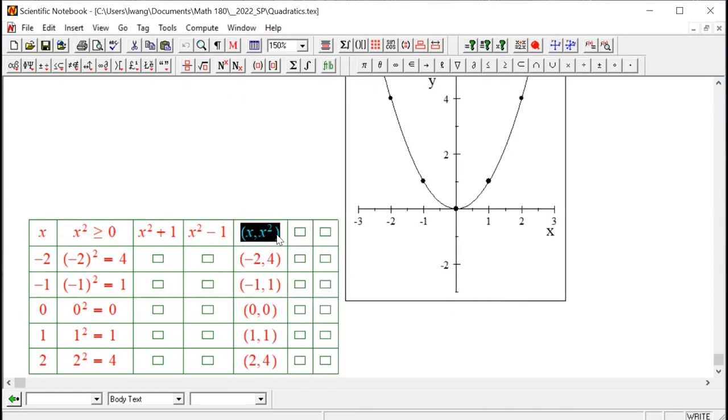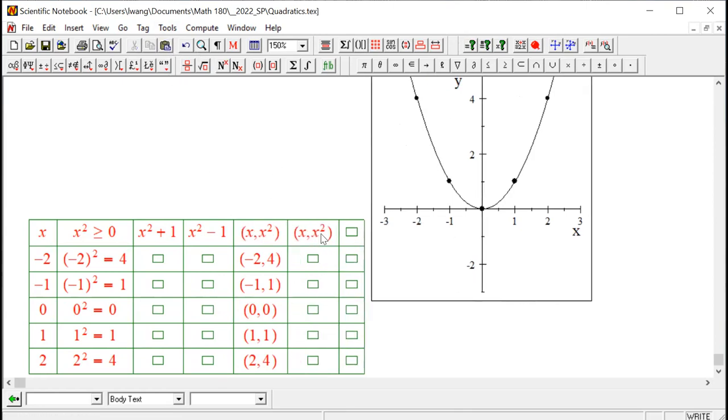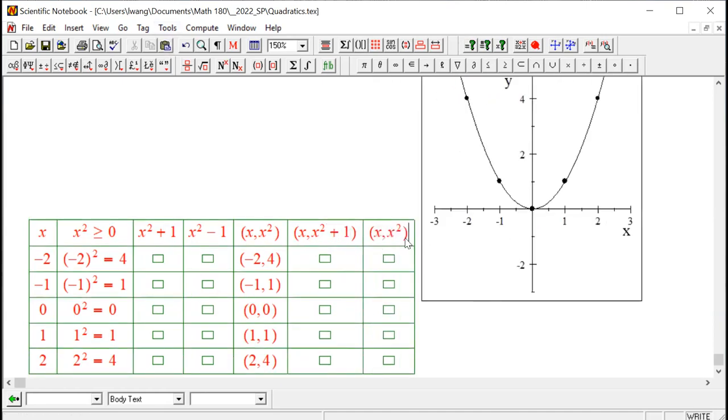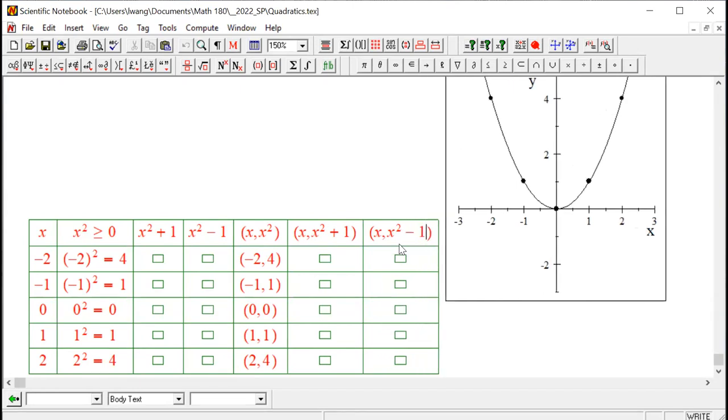It will be the input and output, right? The input is x, the output is plus 1, and the next one is output minus 1. So we're going to have 3 curves, 1, 2, 3. Input the same, output x squared plus 1, x squared minus 1, for our comparison.